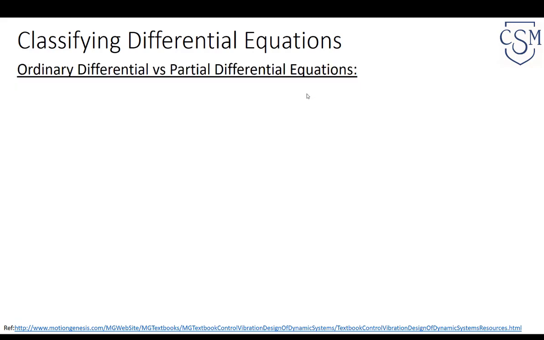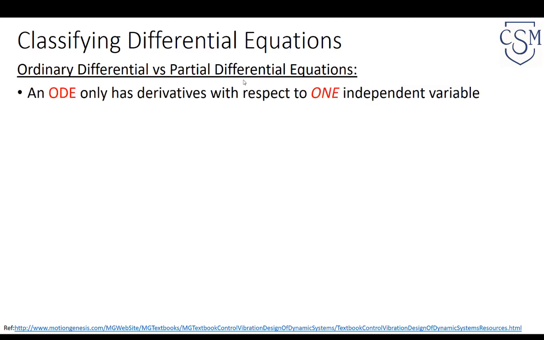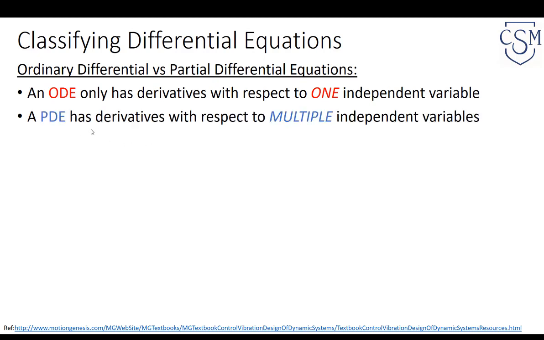The next set of classifiers we'll look at is ordinary differential equations versus partial differential equations. An ordinary differential equation, often specified as an ODE, has only derivatives with respect to one independent variable, whereas a partial differential equation, or a PDE, has derivatives with respect to multiple independent variables.